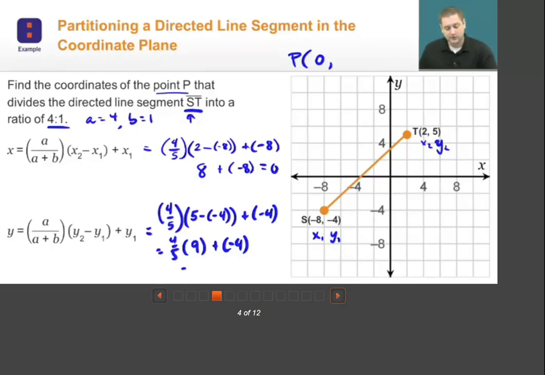So this is equivalent to 7.2 plus a negative 4, which is going to give me a positive 3.2. So we have the y-coordinate as 3.2. And if we graph that, we see that's right here. So this point P divides our directed line segment ST into a ratio of 4 to 1.